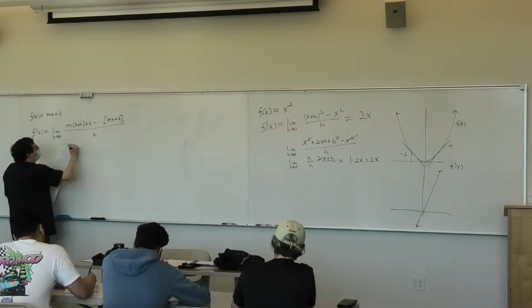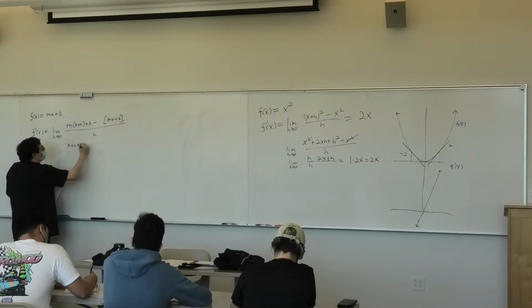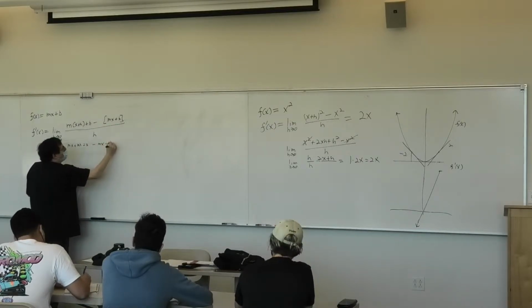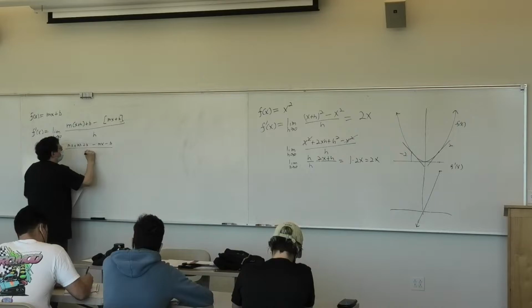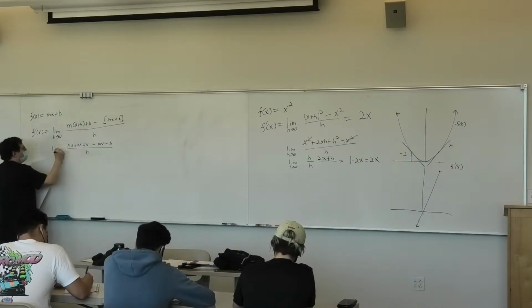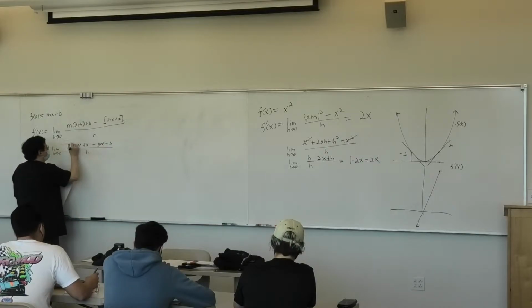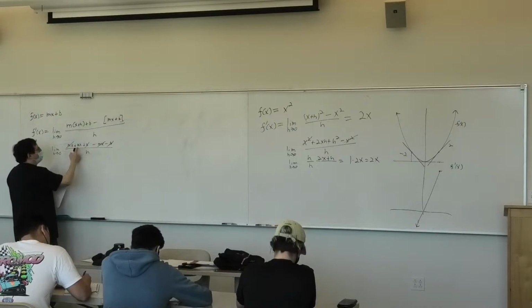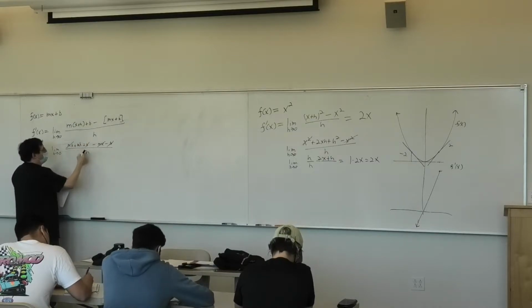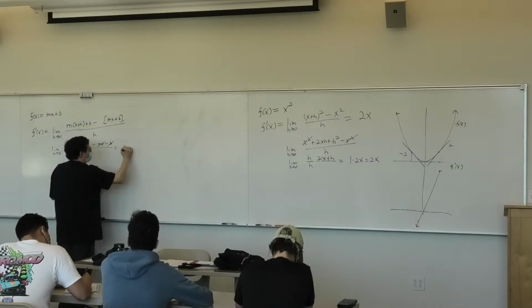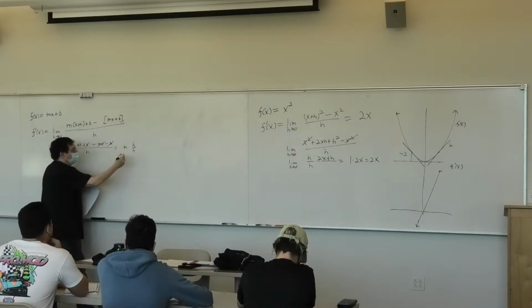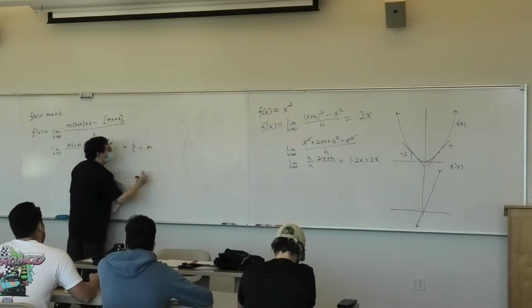We have mx plus mh plus b minus mx minus b over h. The mx's cancel, b's cancel, and we just have mh over h, which is just m times h over h. Using our limit laws, we see that this is just m.